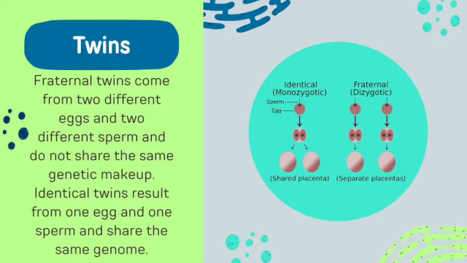There's identical or monozygotic, and then there's fraternal or dizygotic. Fraternal twins come from two different eggs and two different sperm, but it happens during the same menstrual cycle, resulting in two babies or embryos that each have a different genome.